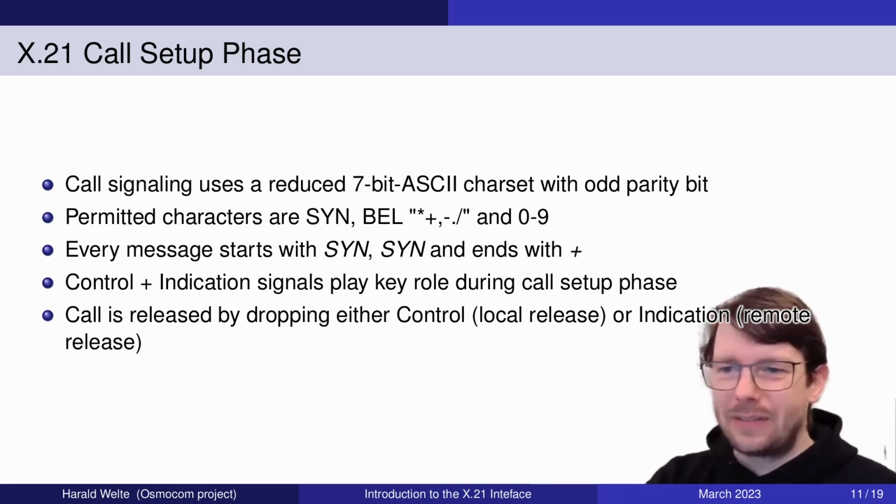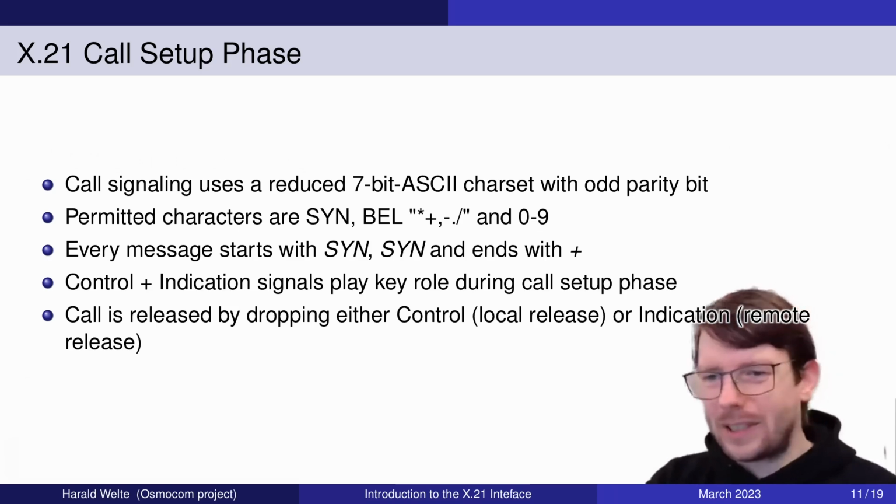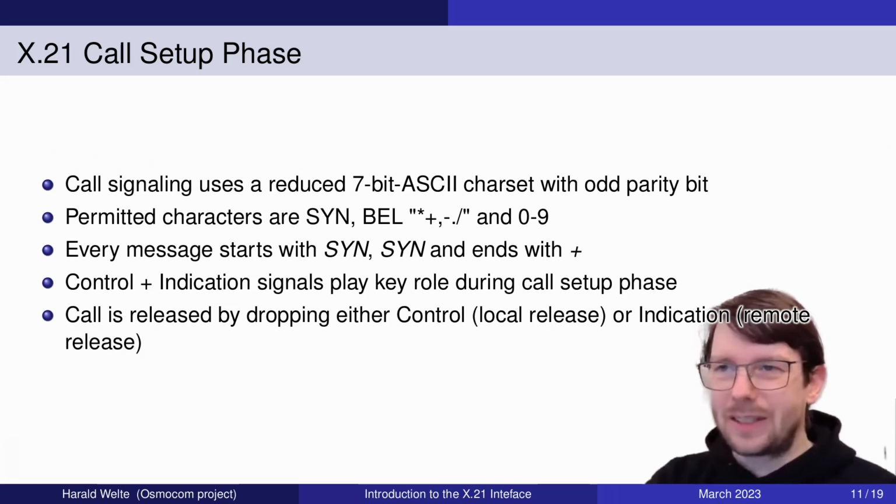So that it was envisioned, I'm not sure how well that was ever deployed, but it was envisioned that, like you have a private branch exchange for a telephony network, you also have the same concept in the circuit switch packet data networks. So inside your company, you have a private CSPDN exchange, which connects to the public CSPDN network. And then, of course, you have some signaling requirements in that regard.